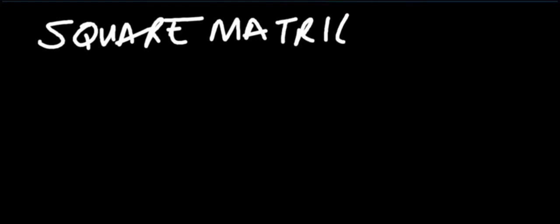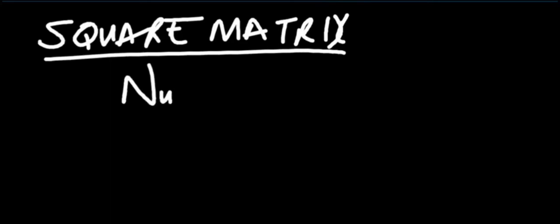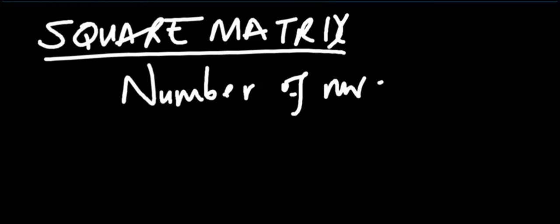Next, the type of matrix is a square matrix. In a square matrix, we have the number of rows equal to the number of columns.